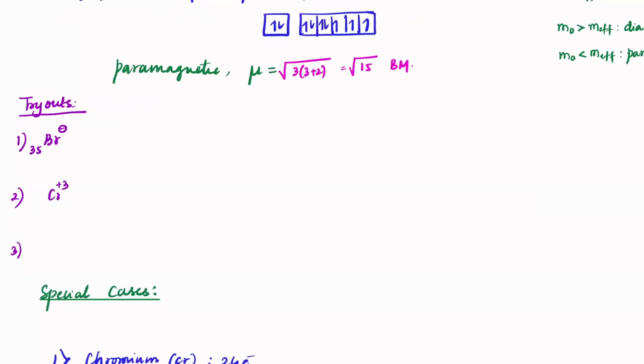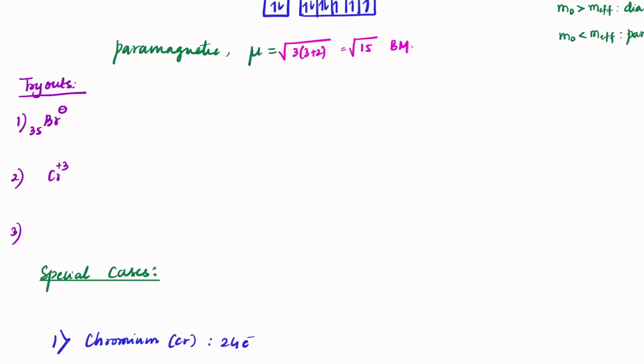Third, cobalt 3+, then nickel 2+. Fourth, iron 3+, we have done it already, sorry. So what we can do is scandium, vanadium, vanadium 3+.